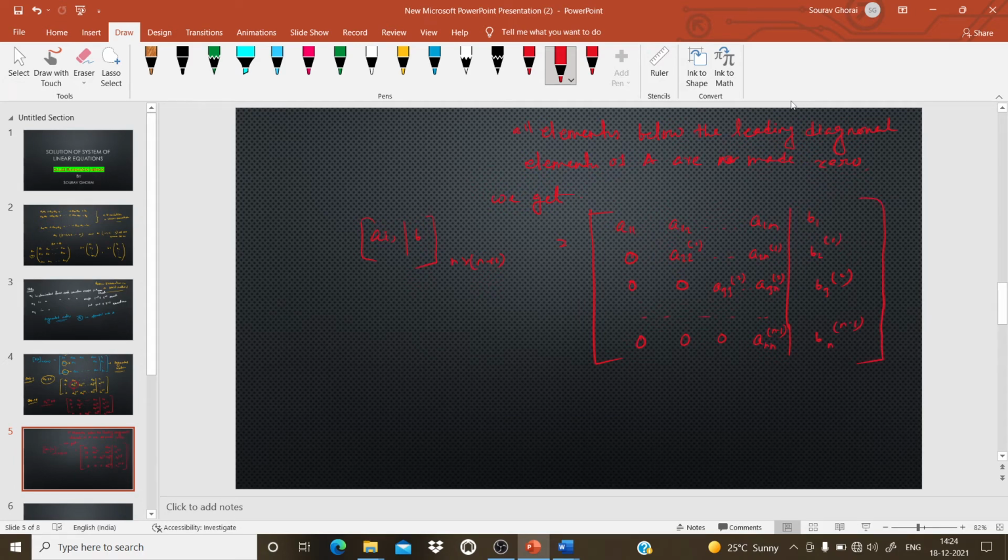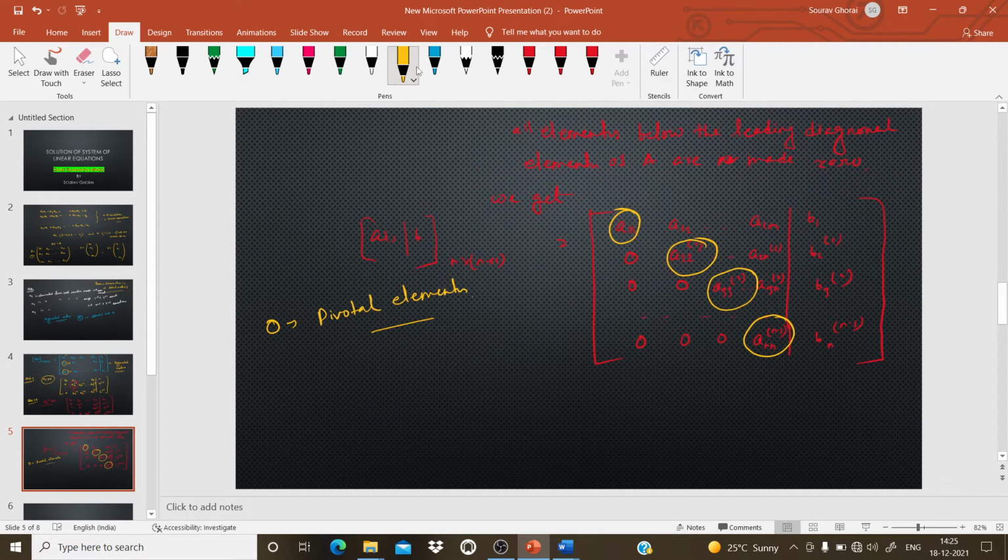Okay, and now see here these elements, like A11, A221, A332, An minus 1, these all are known as the pivotal elements.